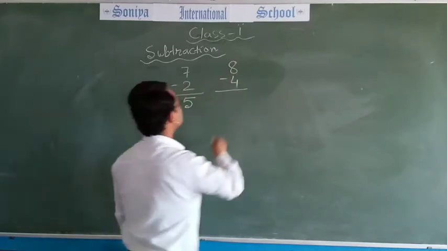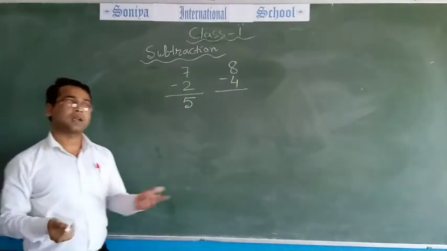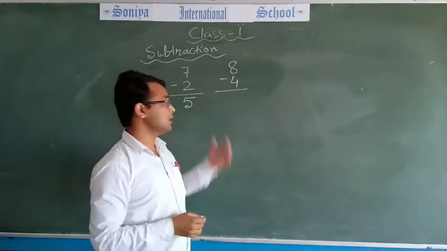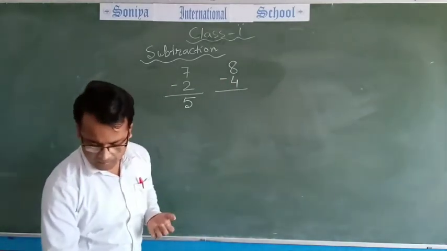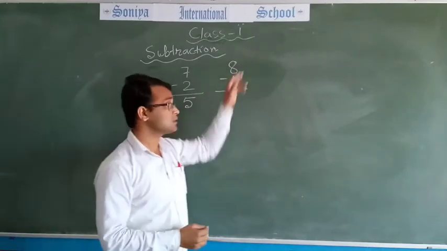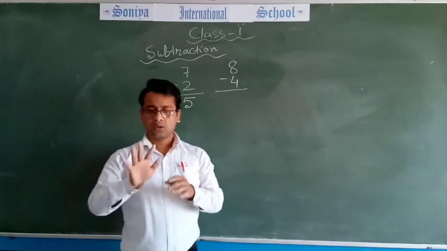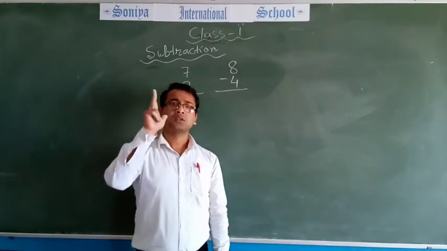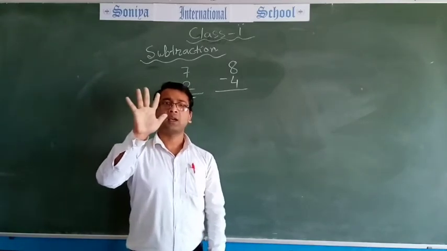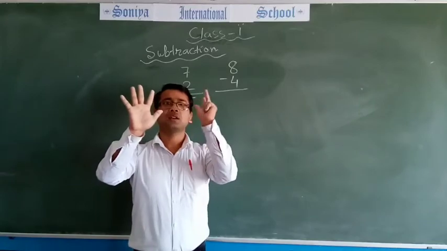Eight minus 4. Again count fingers and then write down. This number is 8. Then count fingers. 1, 2, 3, 4, 5, 6, 7, 8.